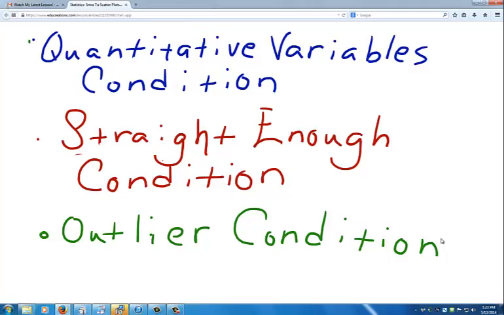The quantitative variables condition, which states that correlation only applies to quantitative, in other words, numeric variables. The straight enough condition: is the scatter plot linear in form? The outlier condition: outliers can have a major effect on correlation. If there is a significant outlier, the correlation should be reported with and without the point.